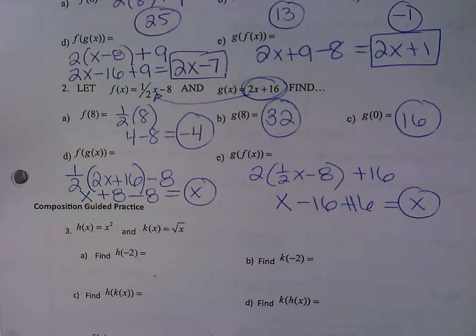Yeah, so this is the -16 from here. And then this doesn't get distributed, so this is just a plus 16, so they're opposite. So they cancel. Yep. Yes, because you're squaring that negative.